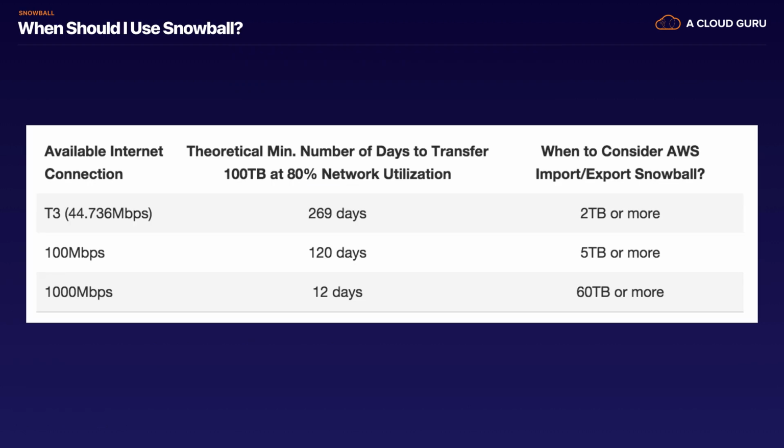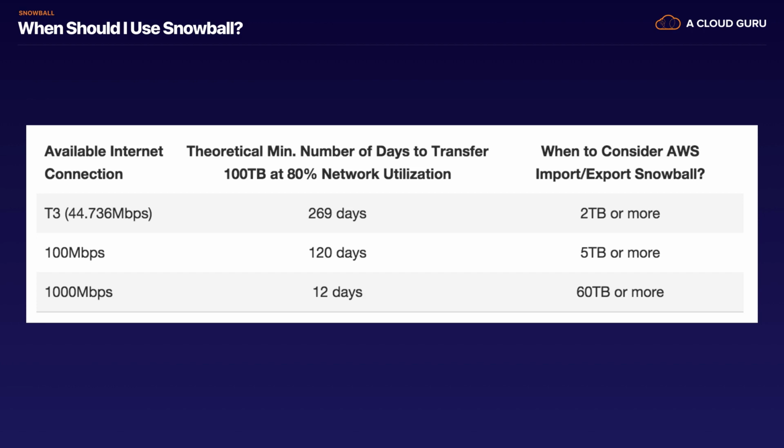So this is when you should use a Snowball. We're looking at different available internet connections here. We've got a T3, which is 44.736 megabits per second, 100 megabits per second, and 1,000 megabits per second. If we were pushing 100 terabytes at those different speeds, you can see how long it's going to take: 269 days, or 120 days, or 12 days.